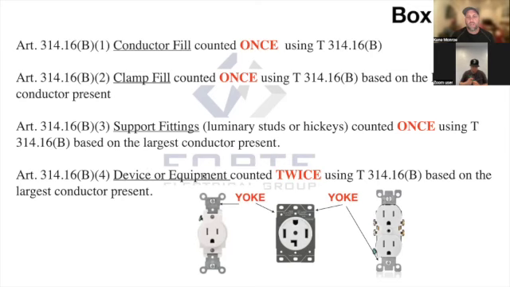And then device equipment, put a 2 by it. That'll be a quick reference on how to add up all the stuff that's in there. And remember, it's a multiplier, not just a 2 or a 1. It's a multiplier.